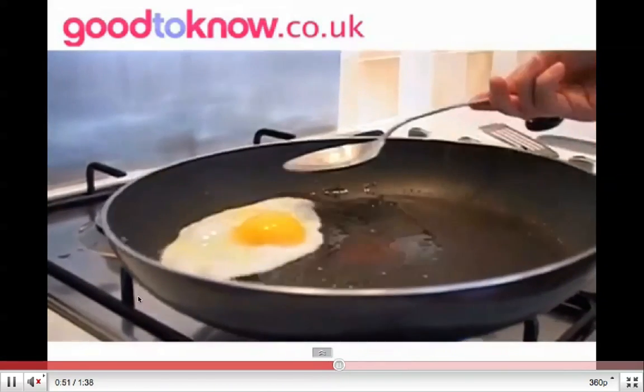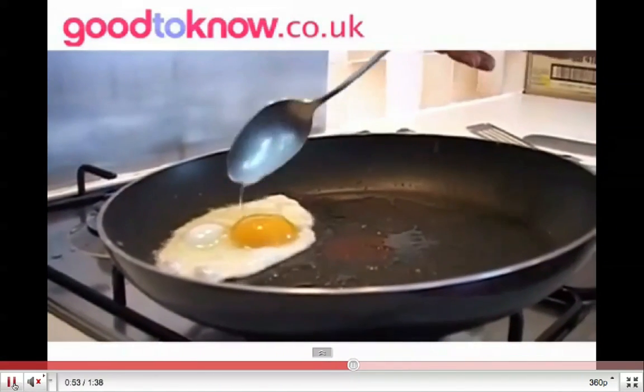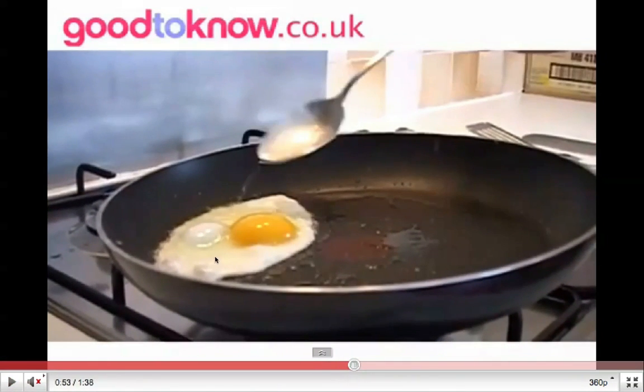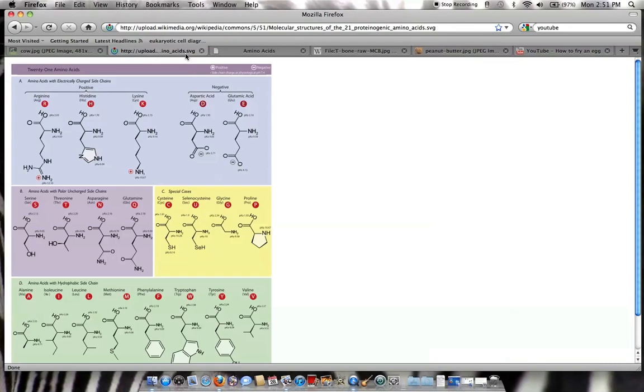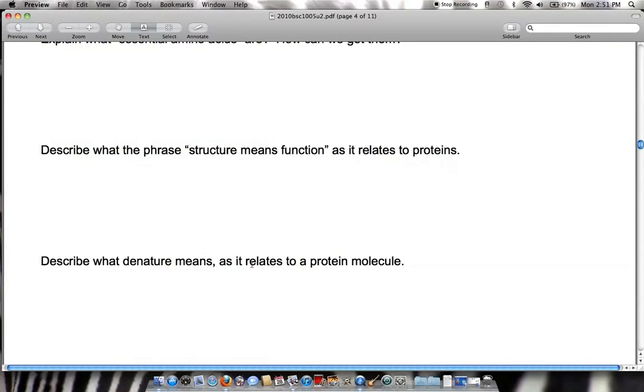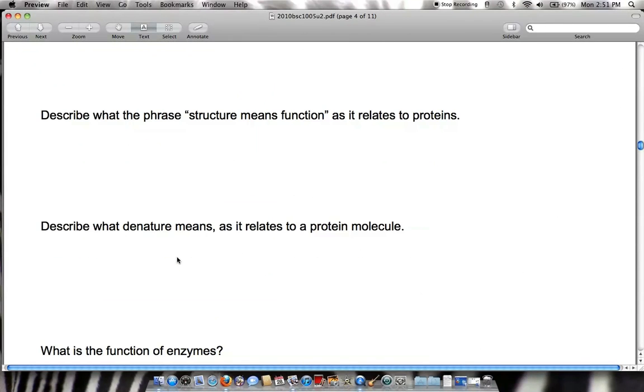So what's the important significance of this? Let me take us back here. We already have said that denature means that the structure of our protein has been changed.